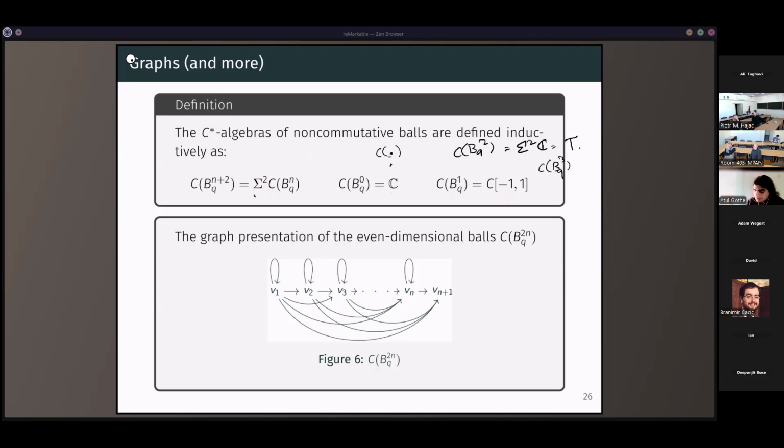I have a question. Classically, double suspension can be realized as a smash product with a classical sphere. Can you see a sphere in this quantum double suspension? So C of SQ n plus 2, for instance, is also a quantum double suspension.